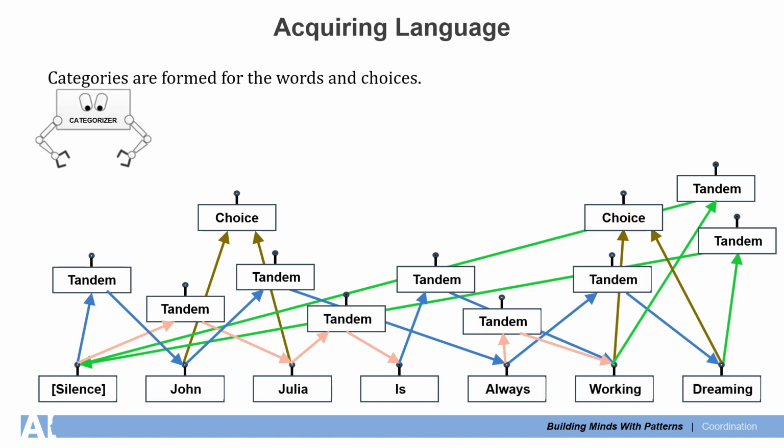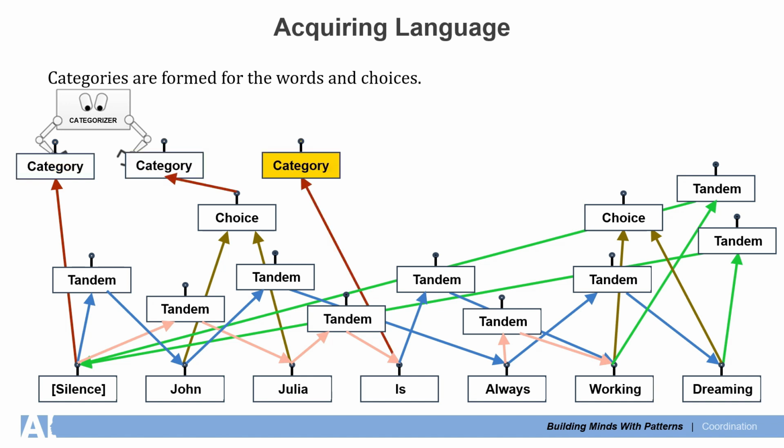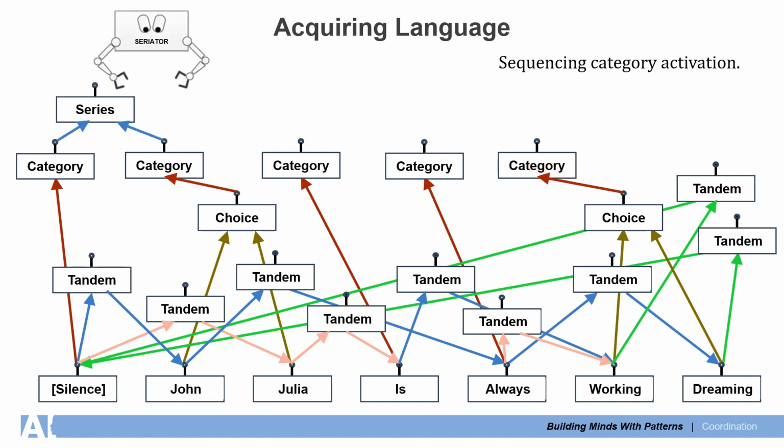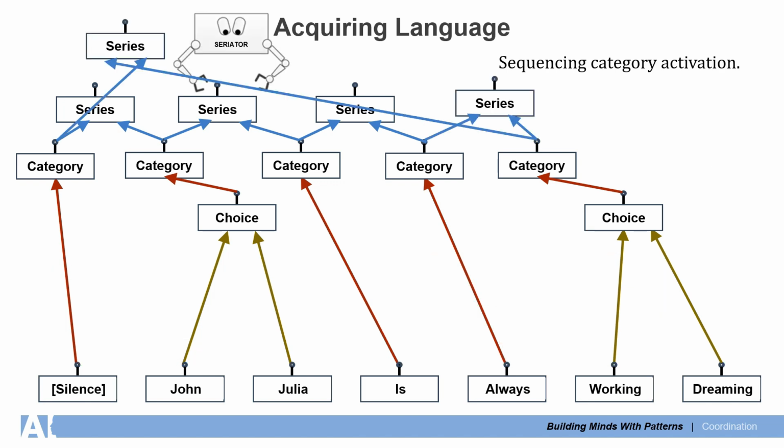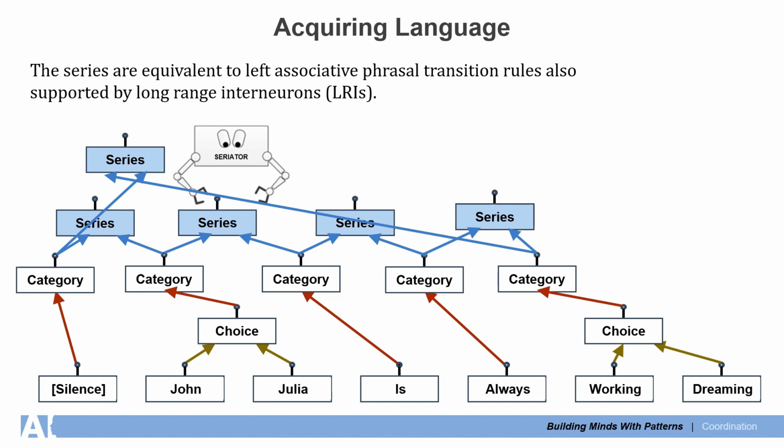Categories are formed for the words and choices. And the seriator sequences category activation. And the series are equivalent to left associative phrasal transition rules, also supported by long-range interneurons.